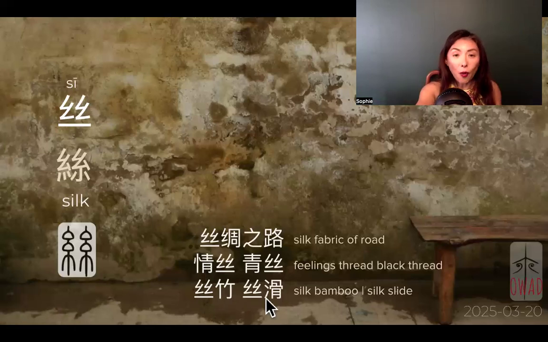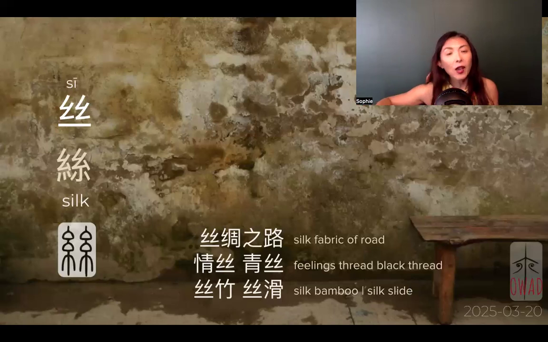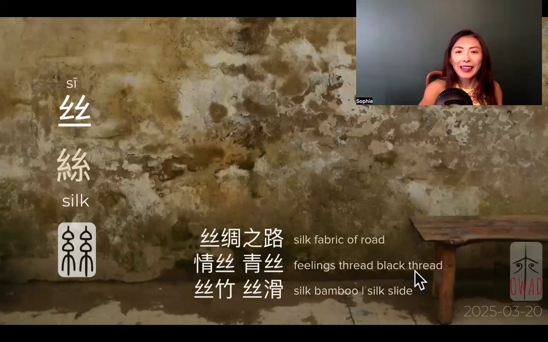Okay, 丝滑, we use silk plus 滑, sliding, to create a sense of silky smooth. So instead of describing the texture of smoothness, we tell you the behavior, the sliding. It's easy to slide on, and that gives you the smooth texture.